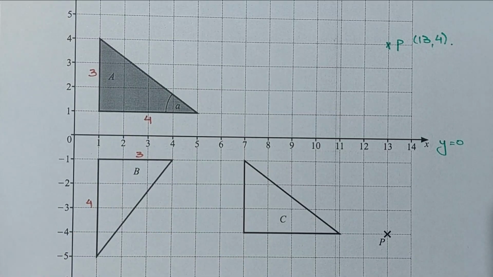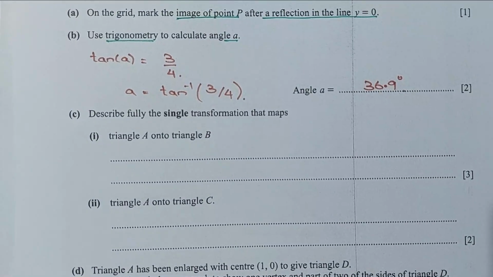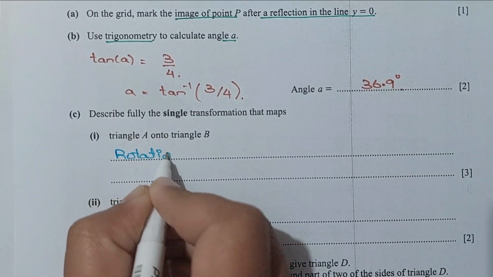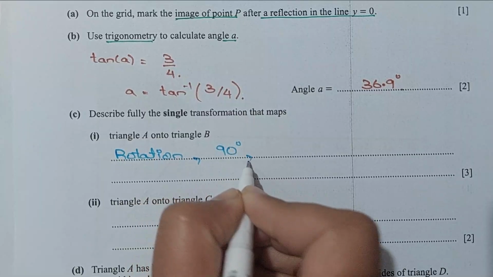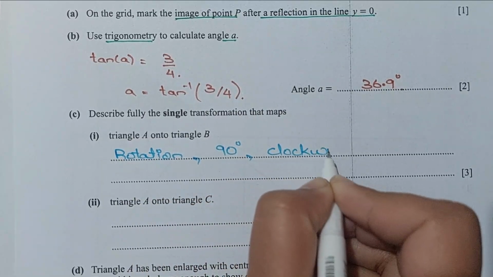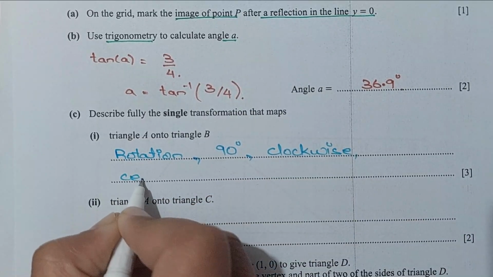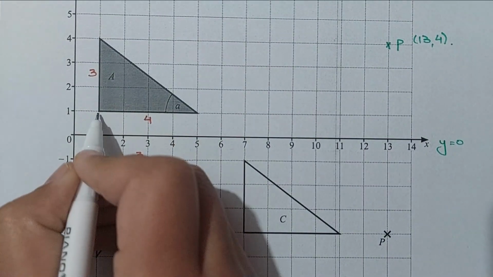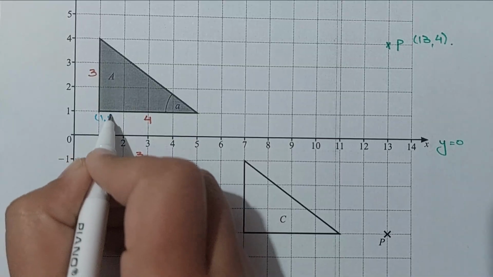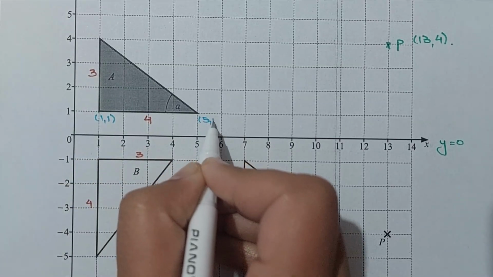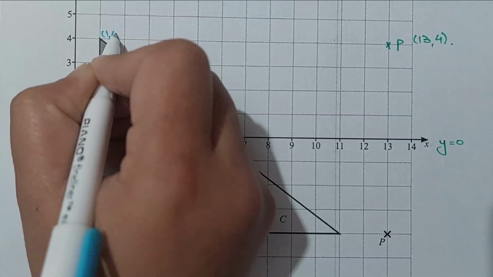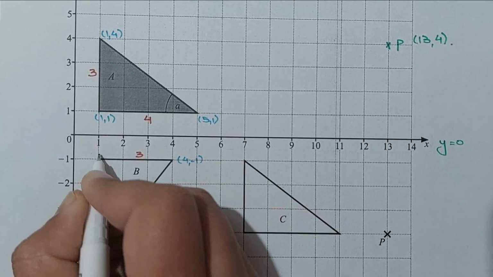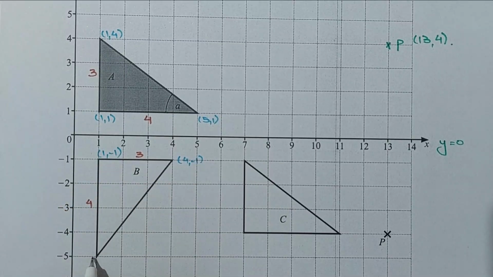Okay, find out the center of rotation. Let me write this down. This is a rotation, and it is 90 degrees and it is clockwise. Okay, let's find the center of rotation. So let's say this point is 1, 1, this is 5, 1, this coordinate is 1, 4. How they change: 4 minus 1, 1 minus 1, 1 minus 5.